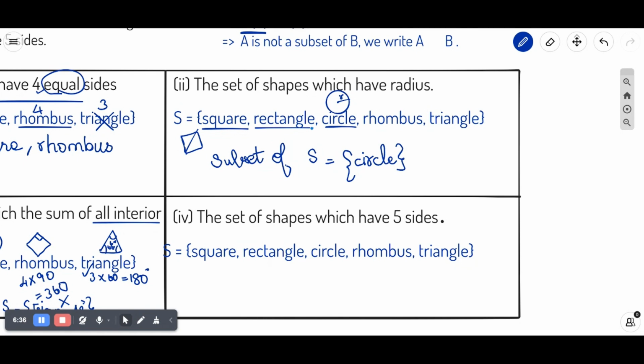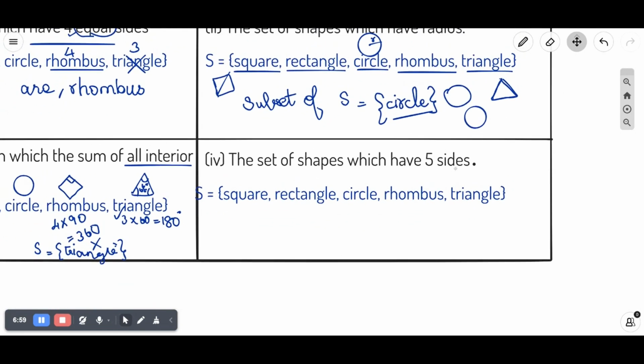Same thing with rectangle, rhombus and triangle. Triangle is like this. Radius happens only when you have a circumference, a curved surface. These are straight lines, so they don't have any radius. So the answer will be circle alone.